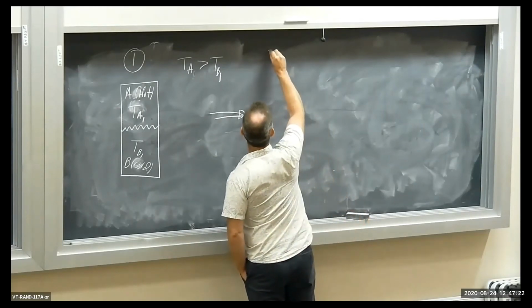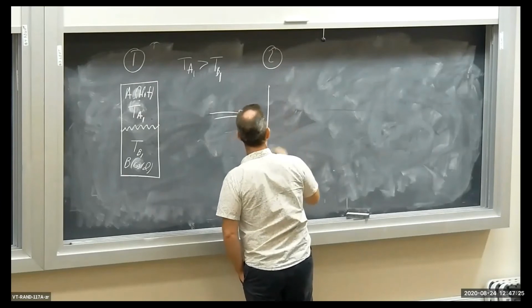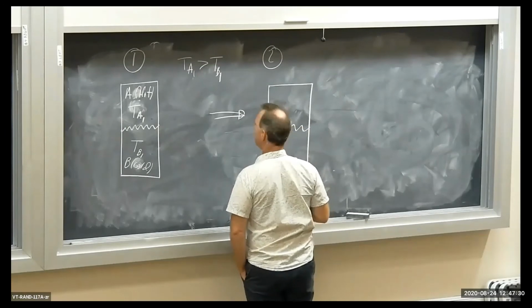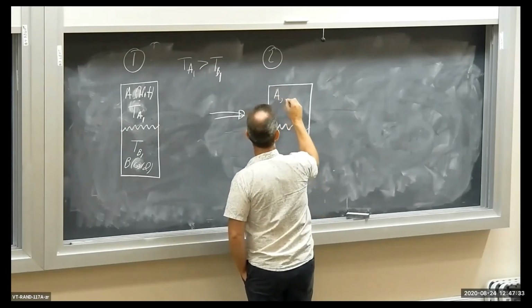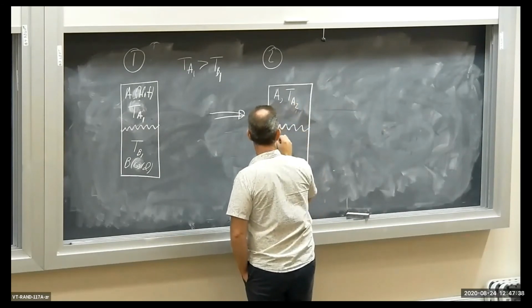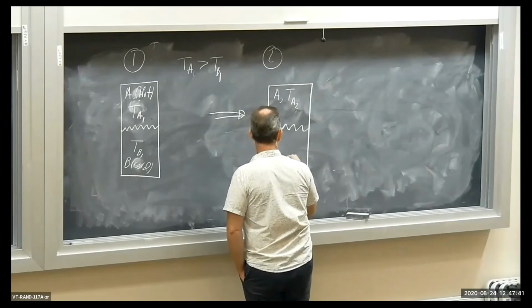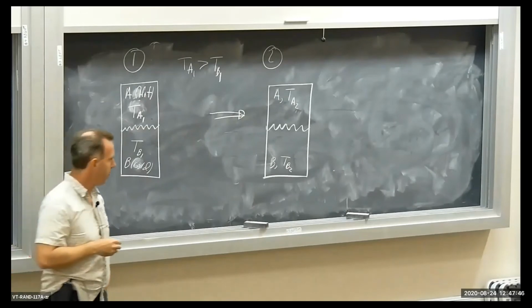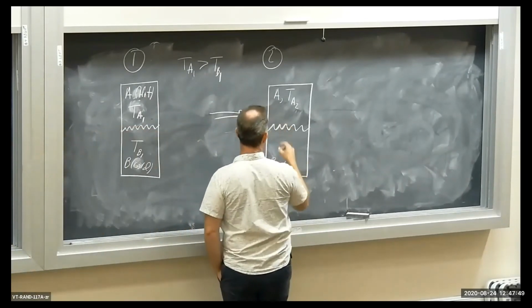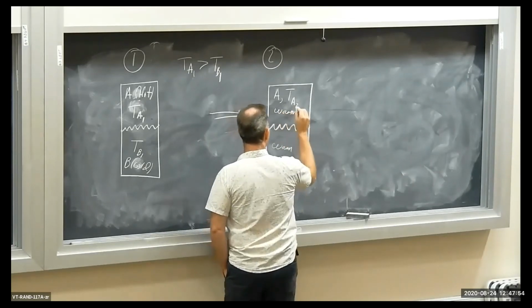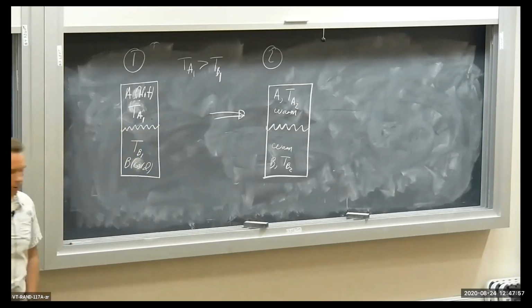So at state 2, here's our two bars. A, temperature TA at state 2, and then we have bar B at temperature TB at state 2, and they're both going to be warm. The hot bar will get cooler, and the cool bar will get warmer.